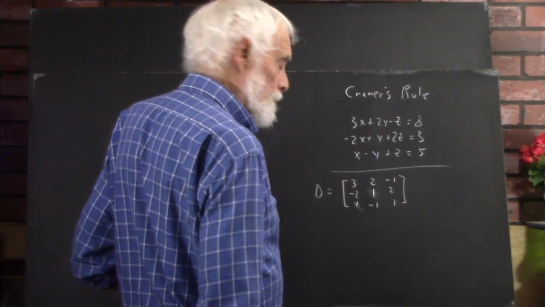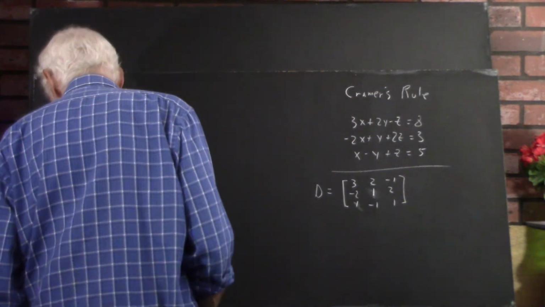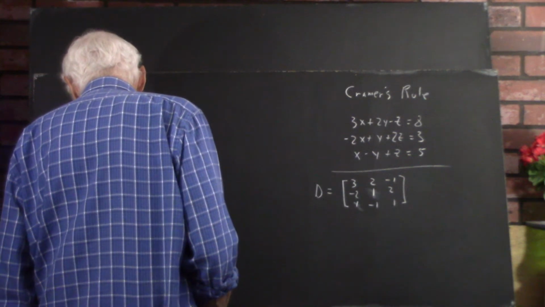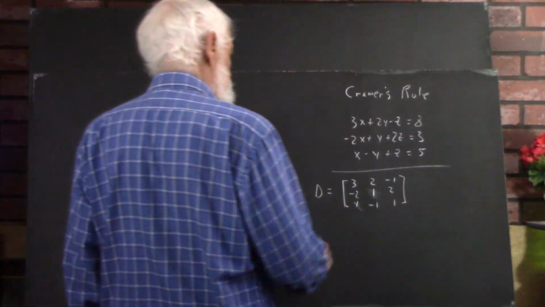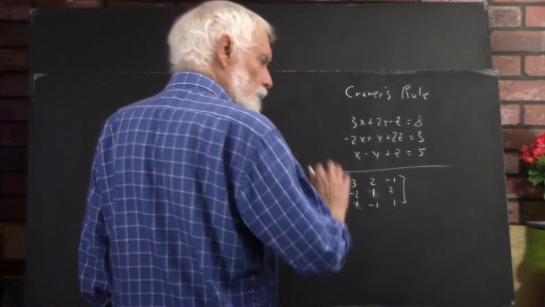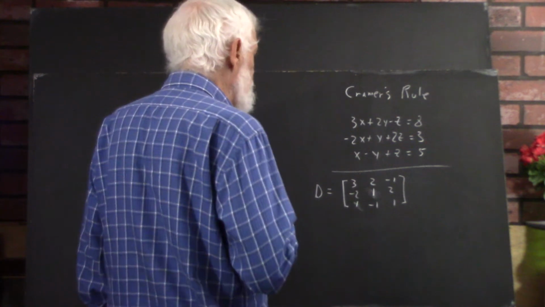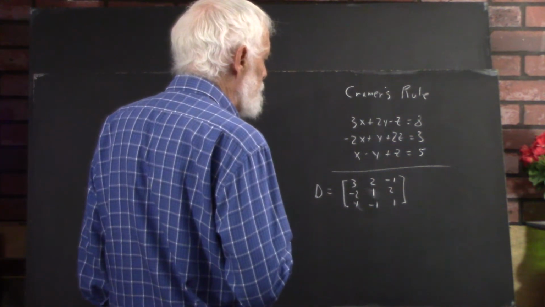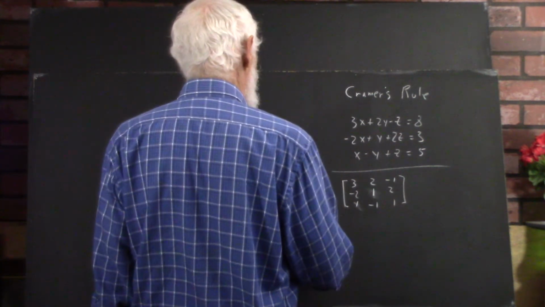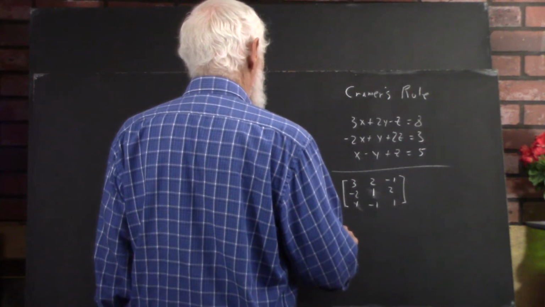Then, we're going to do, now there's a notation for this, and I haven't thought of the notation, I didn't bother reading the book on this to check the notation, and I probably should have. So I'm just going to call it C for Cramer sub x.